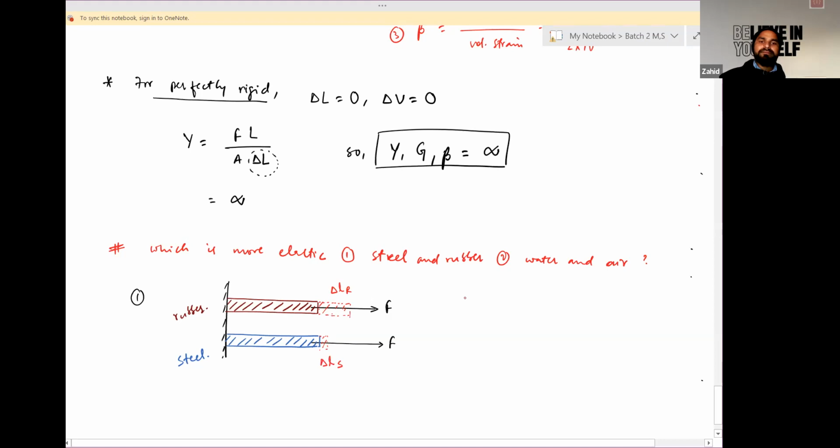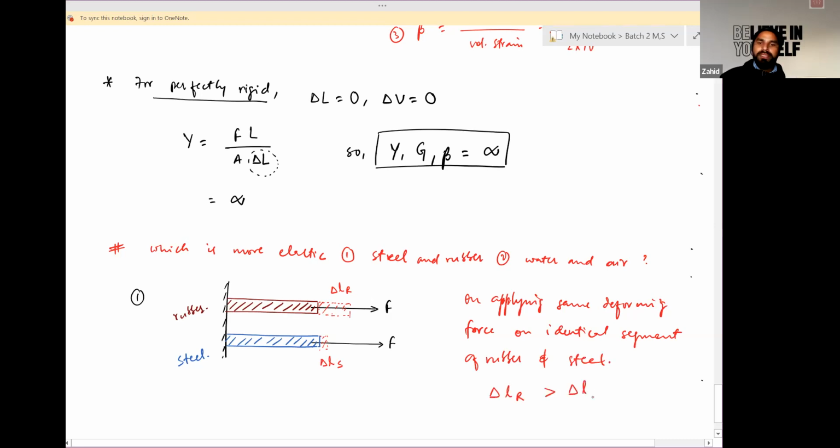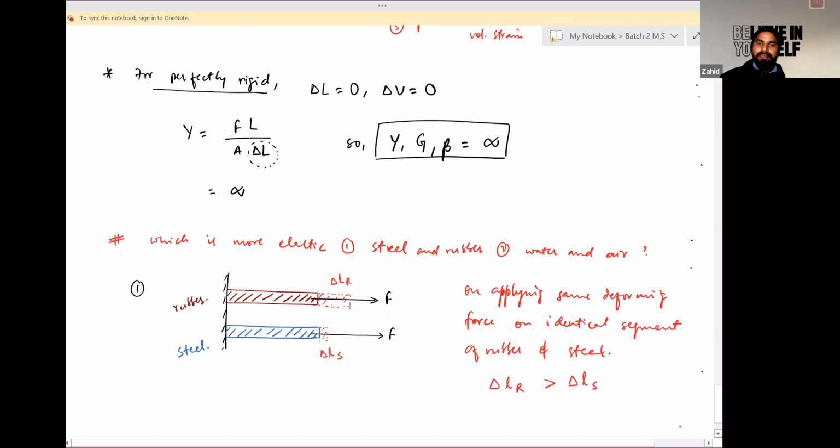So you'll say, on applying same deforming force on identical segments of rubber and steel, delta L in rubber will be more as compared to delta L in steel.